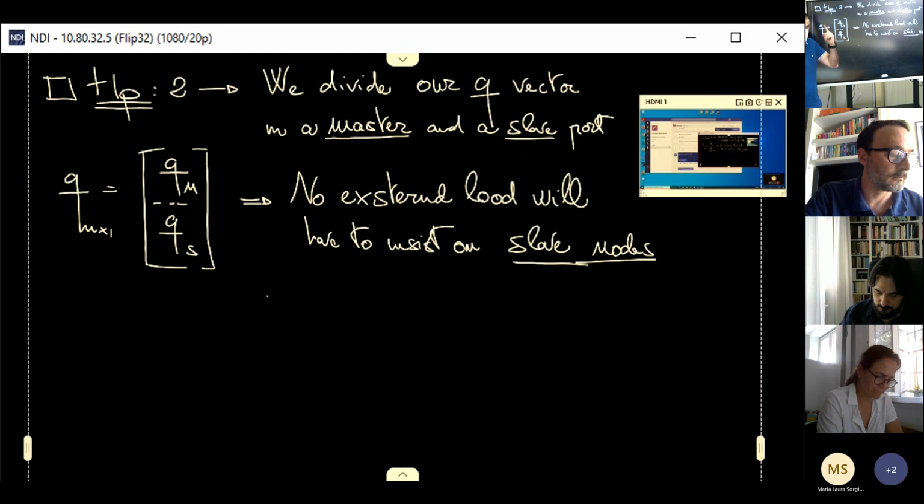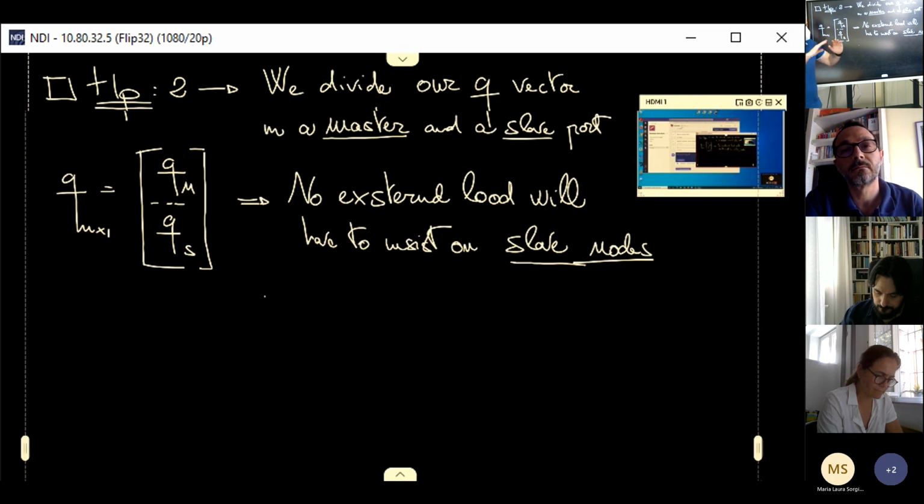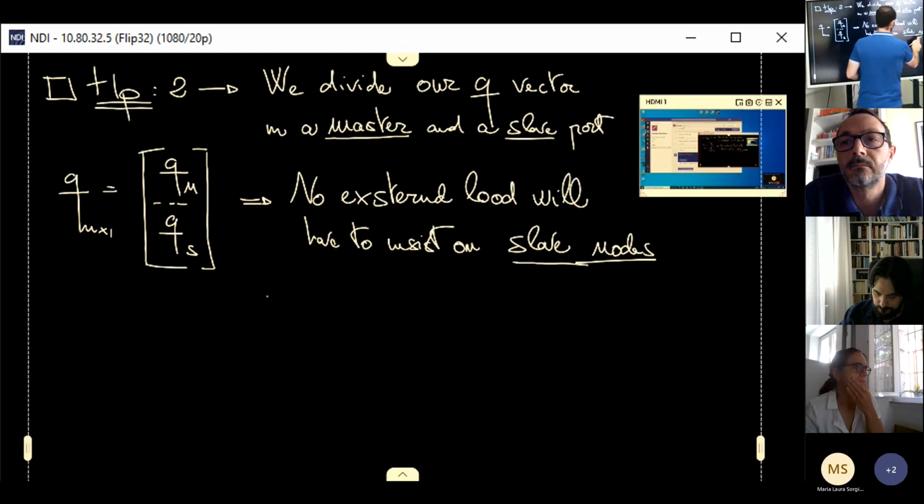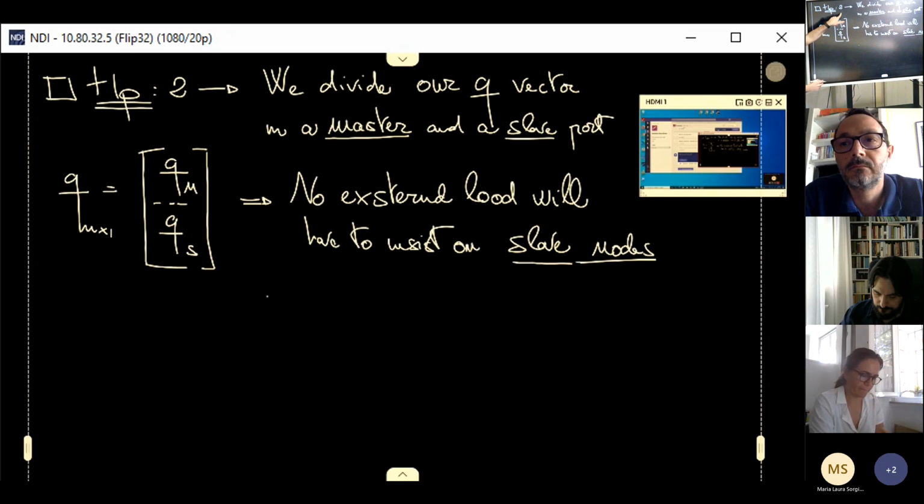But then you have to make the hypothesis that the forces insisting on the wing are not placed directly on the nodes of the wing, but only and overall on the nodes which connect the wing to the fuselage. Otherwise, you cannot do this collapse. We will see it on Monday. But this is just to make an example. So this is the second hypothesis.